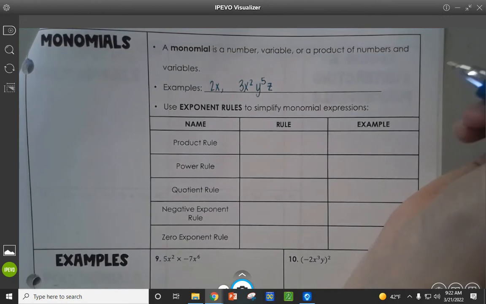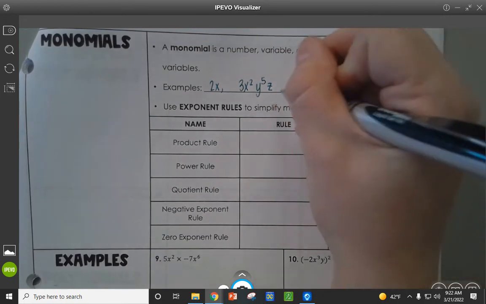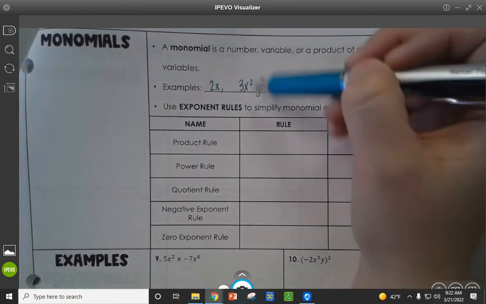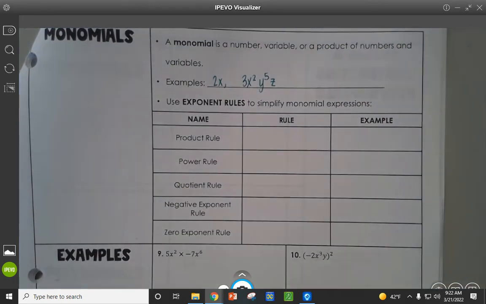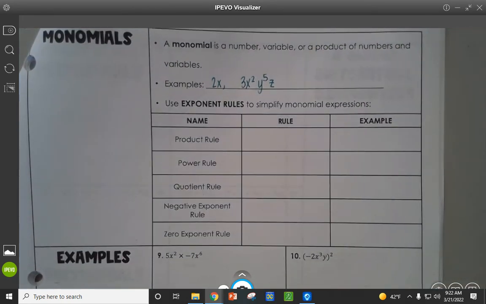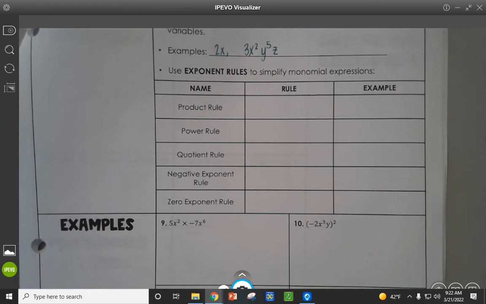That's a monomial. You can have as many variables as you want with whatever exponents as long as nothing is added or subtracted to that. It's just like one big chunk of them. That's a monomial.